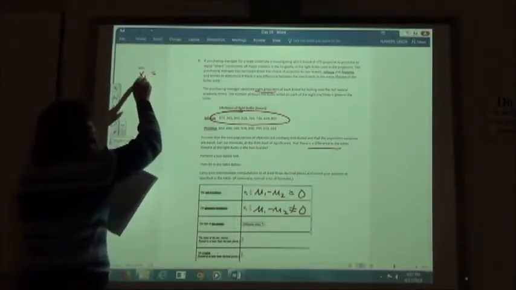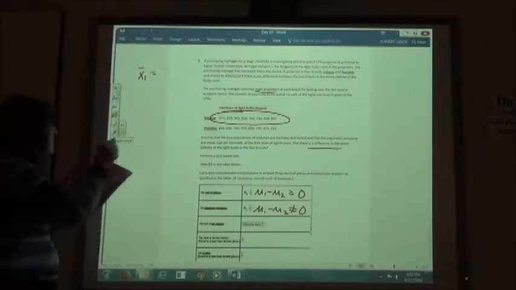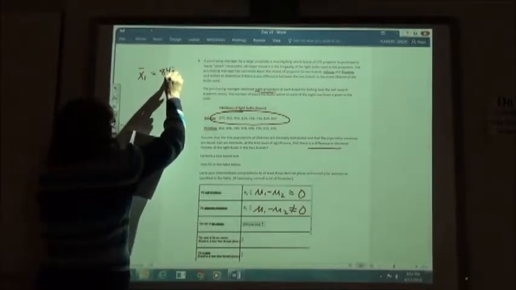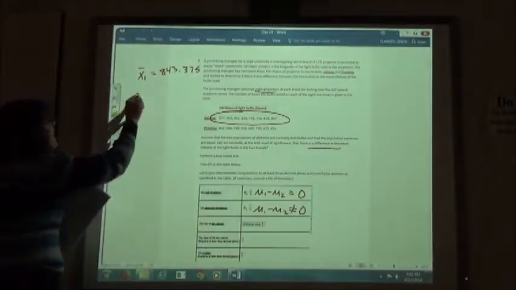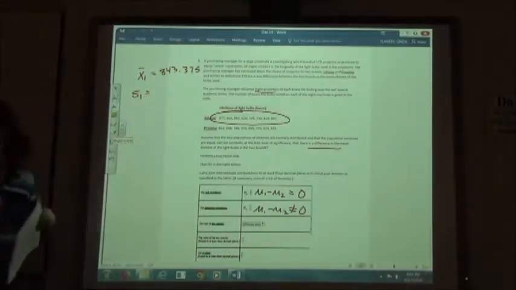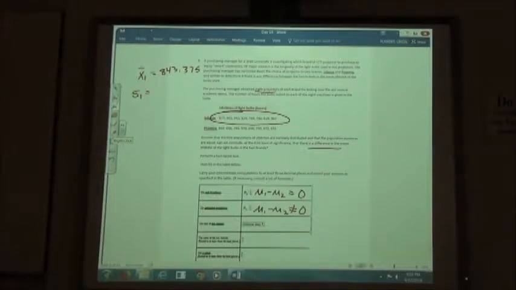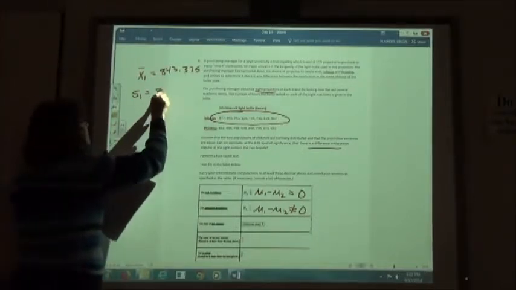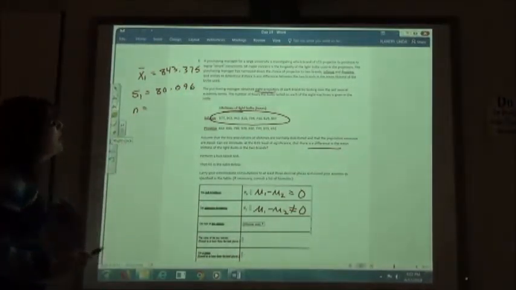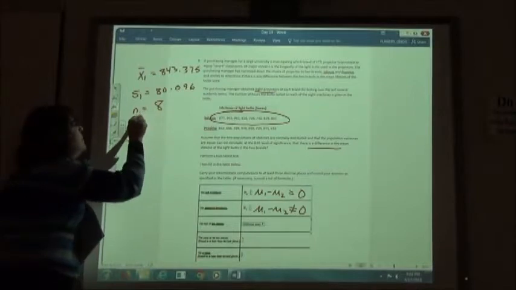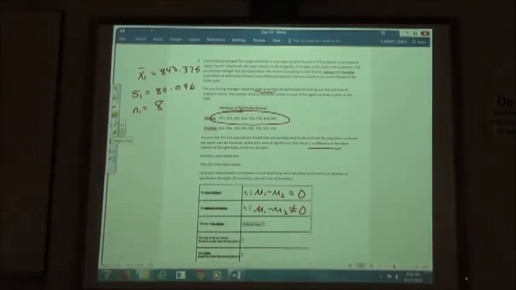The X bar, the mean, 43.375. My standard deviation, the S1 of that list of data, 80.096. And the N, how many numbers did we have on that list? We had 8, right?